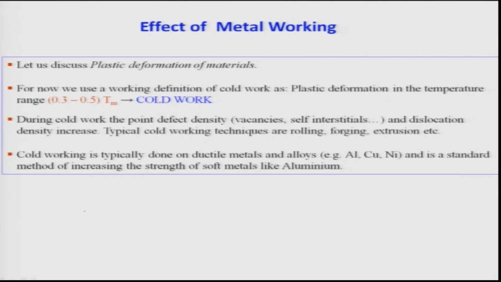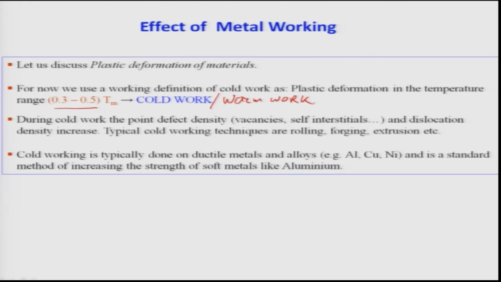So, we use working condition definitions as cold work or warm work, which is basically less than 0.3 or 0.3 to 0.5 Tm, and we always say it is either cold work or warm work. Okay.